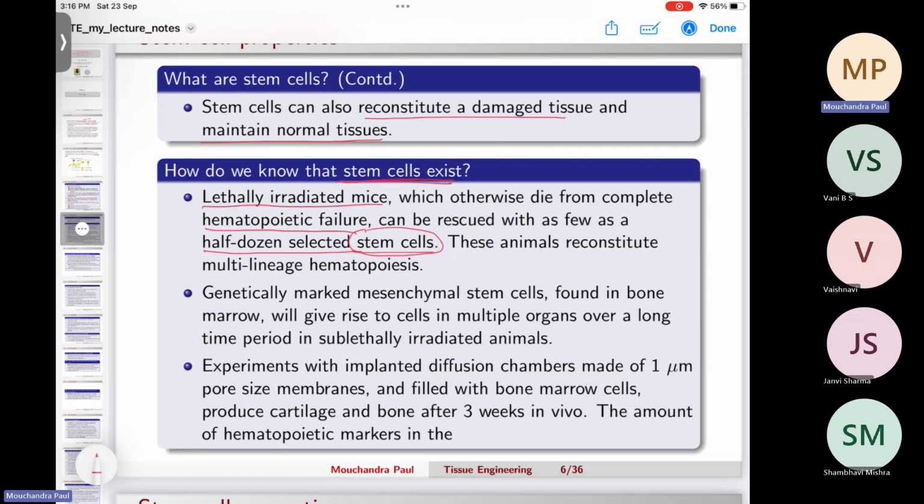Another similar experiment is people introduced a few genetically marked mesenchymal stem cells. So how can you genetically mark them? You can incorporate a GFP protein. GFP stands for green fluorescent protein.